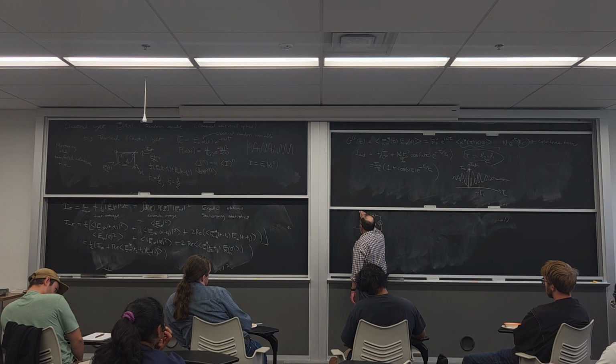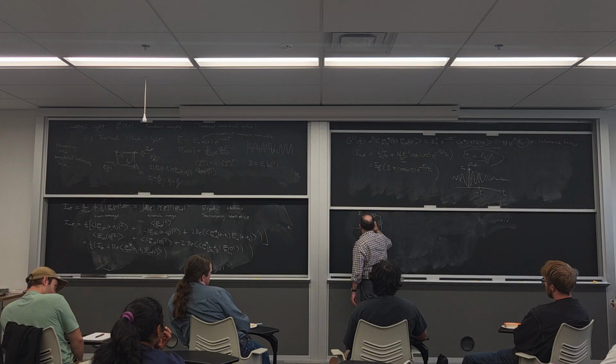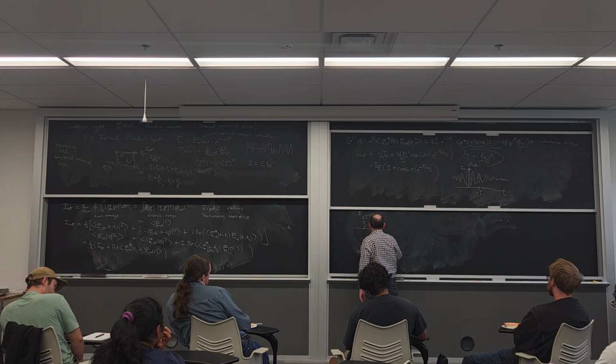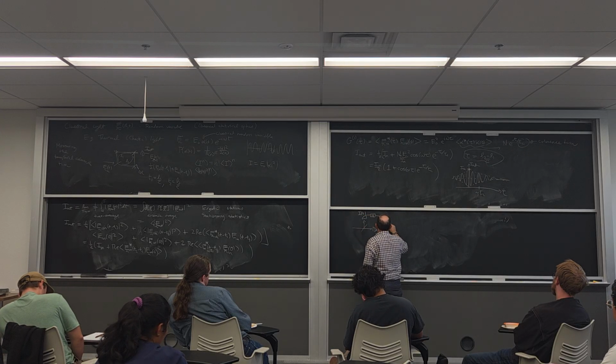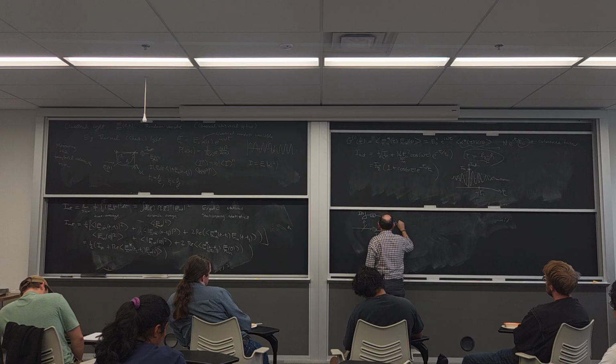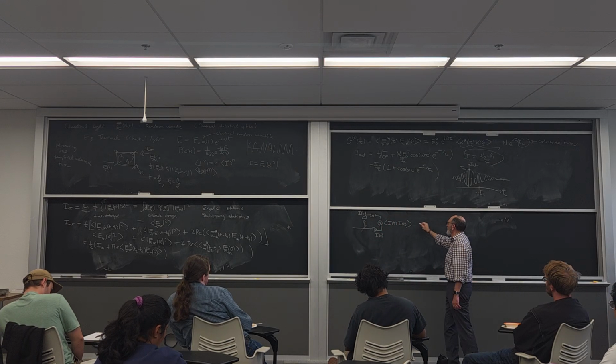So I have an intensity here, I'll call this the intensity at 0 and the intensity at tau, and I'm going to look at the average of the intensity with itself at two different times.